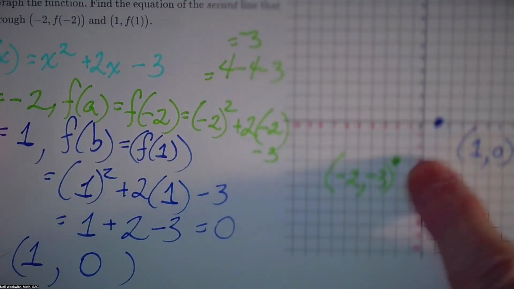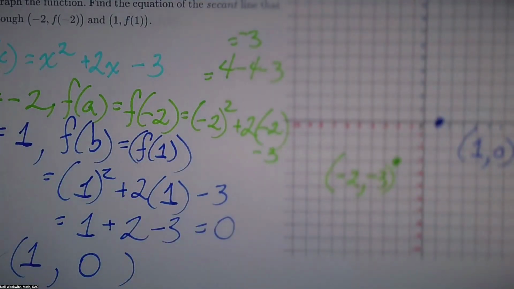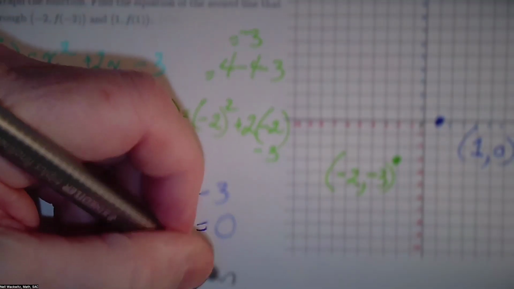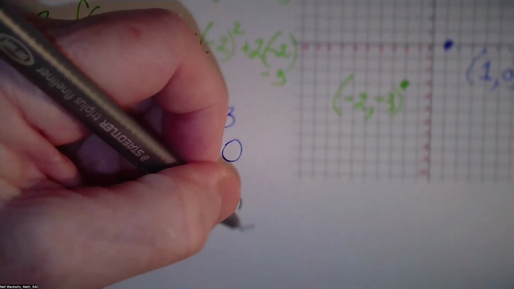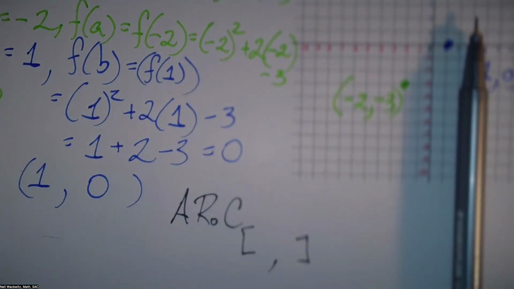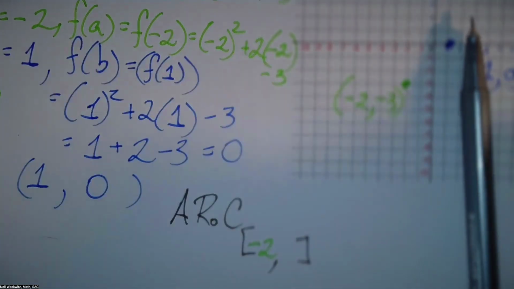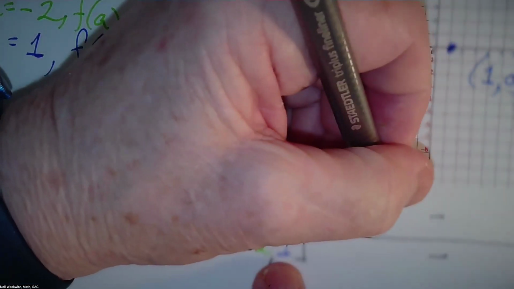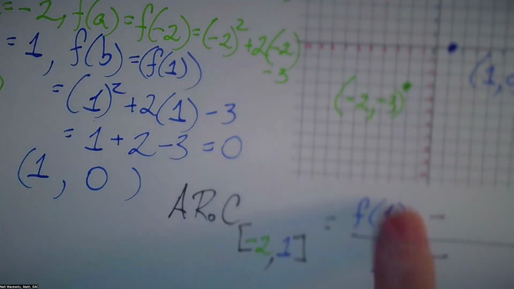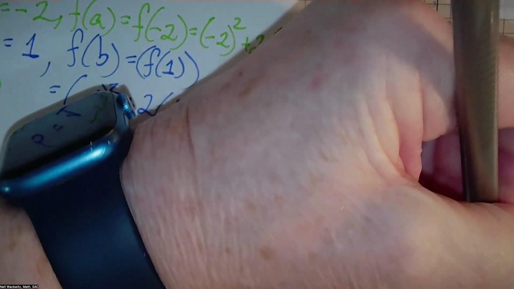So we want to find the slope of the line that joins those 2 points. The average rate of change for this function, f of x is equal to x squared plus 2x minus 3, on the interval between the x value -2 up to the x value 1 is f of 1 minus f of -2.